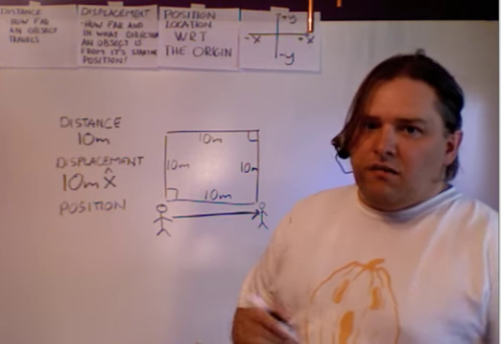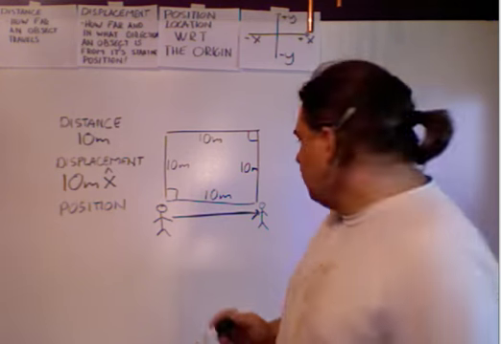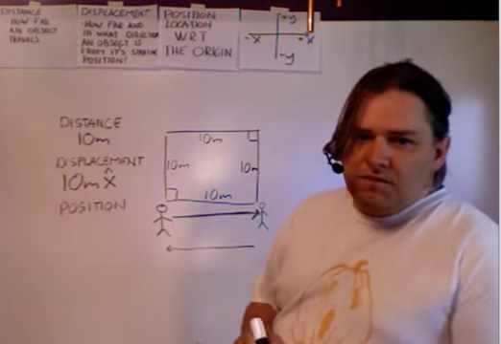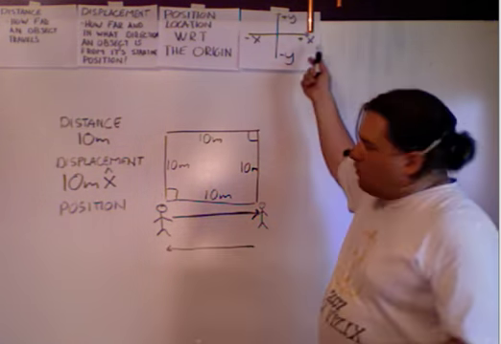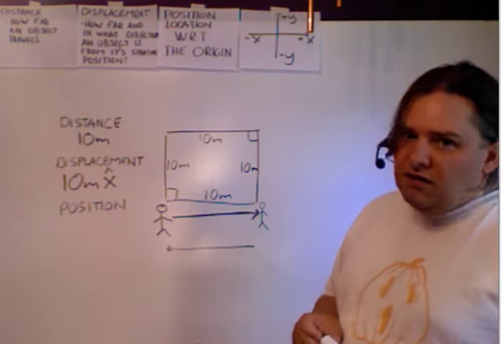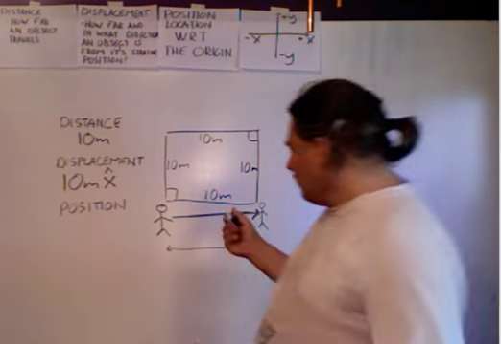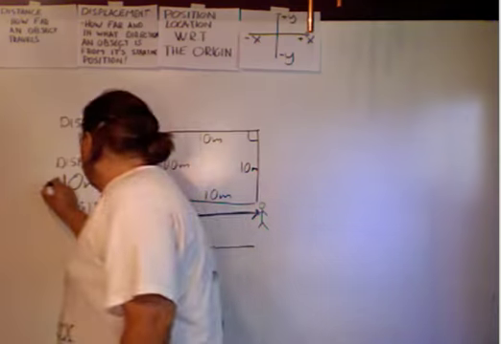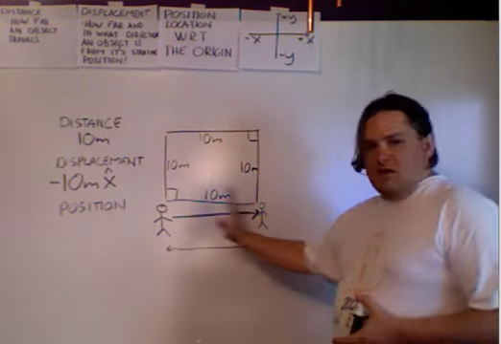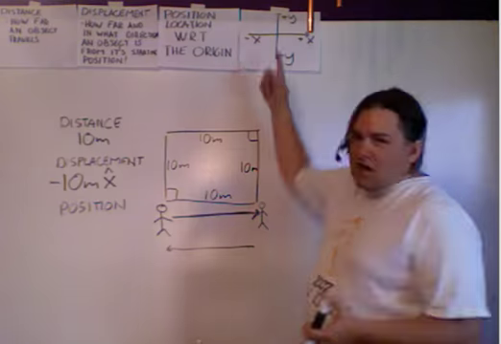Okay. Now, to change it up just a little bit, what happens if he's walking in this direction instead? Looking back at my coordinate system, he's still traveling in the x direction, but in the negative x direction. So that means his displacement is going to be negative 10. If he's moving from this point to that point, he's moving in the negative x.